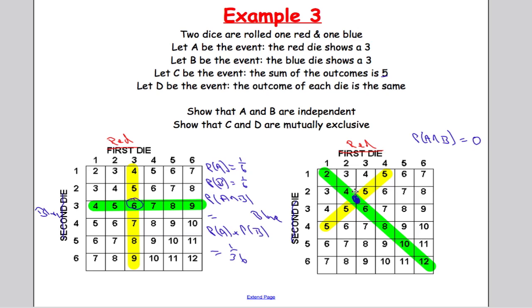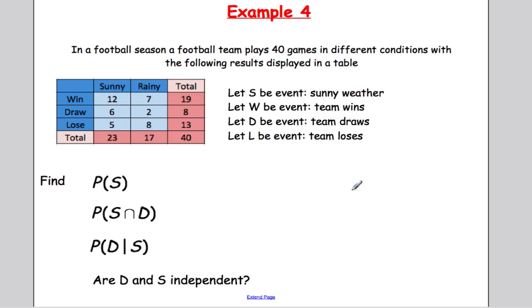Right, okay, let's move on. So another example, we've got a football team, and in a season they play 40 games in different conditions with the following results displayed in a table. If we let S be the event we have sunny weather, W be the event the team wins, D be the event the team draws, and L be the event the team loses.